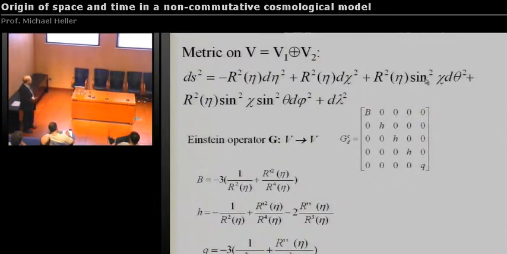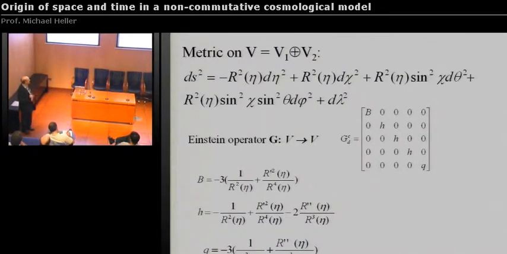The left-hand side is geometry, the right-hand side is the distribution of matter in space-time. The left-hand side is called the Einstein tensor, and if we use the Einstein tensor with one index up and one index down, it is an operator. This operator is given here. This is a 5 times 5 matrix, and B, H, and Q are here, just computed with the help of Mathematica.